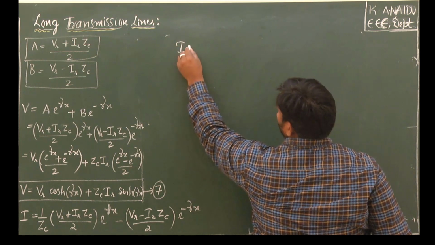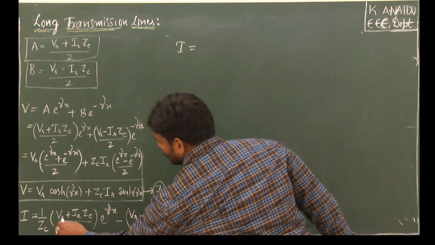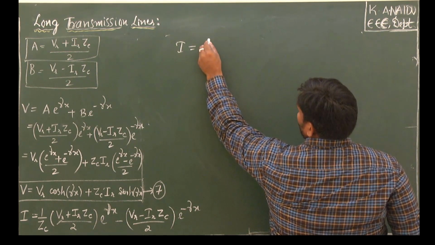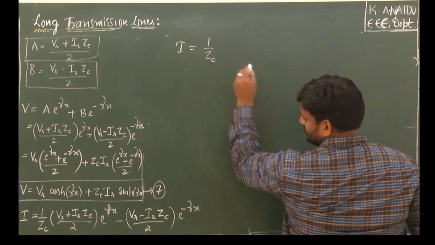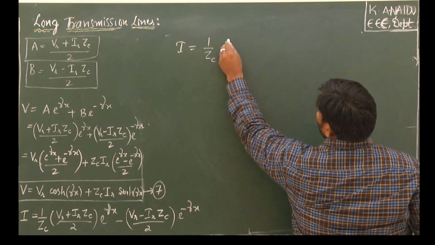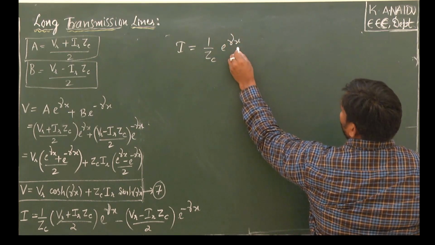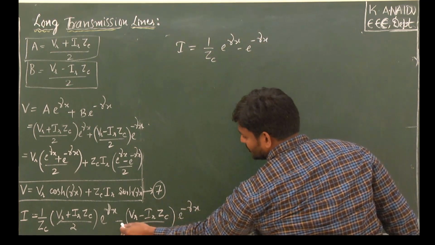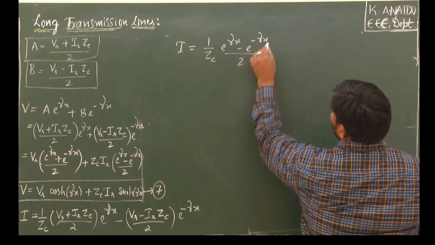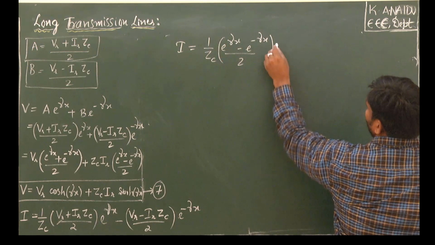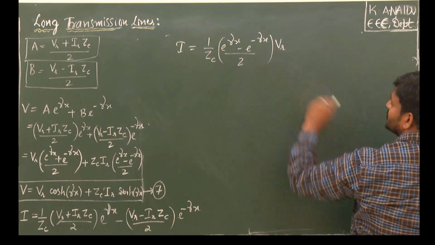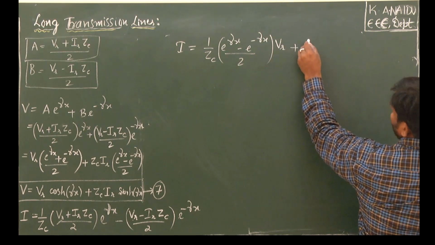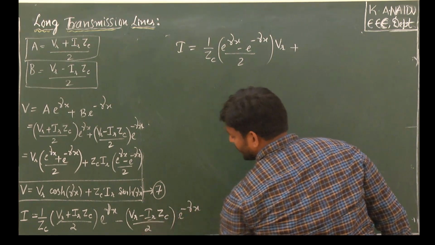I is equal to, you take out all the coefficients of VR outside, so you will get 1 upon ZC (e power gamma x minus e power minus gamma x), because here minus is there, upon 2 into VR. This is the coefficient of VR, plus you take the coefficients of IR.